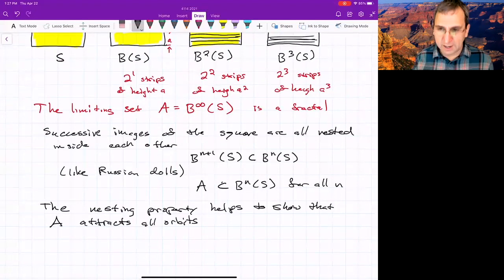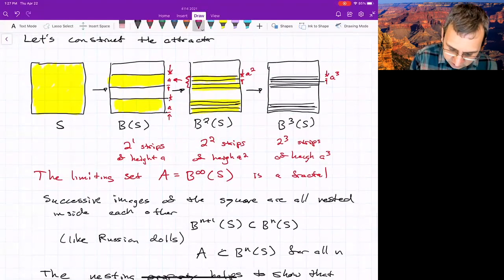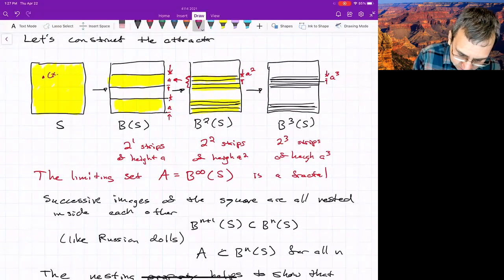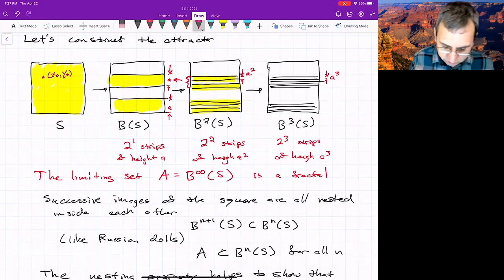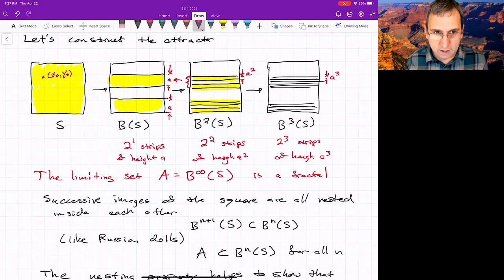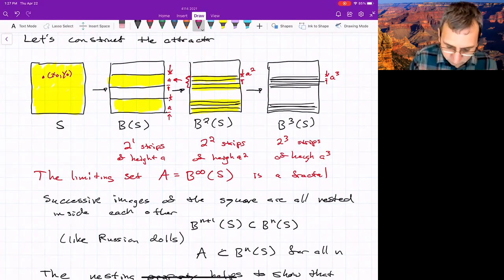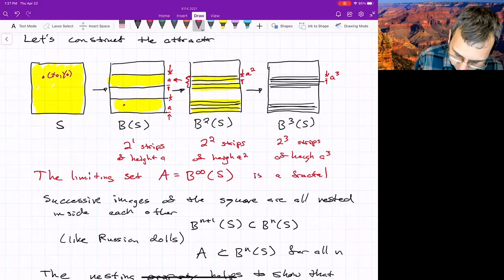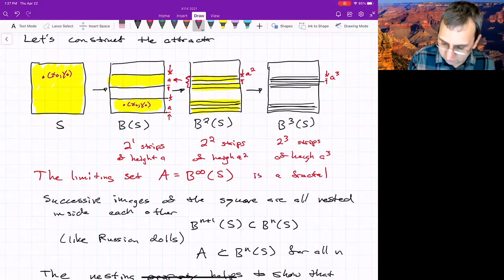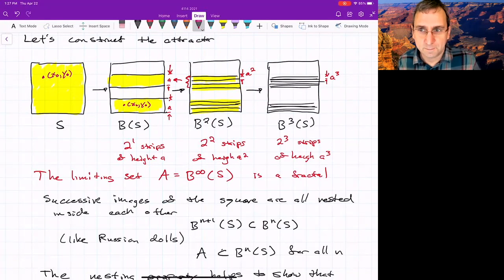It's also an attractor because any initial condition is going to have to be somewhere in the original square. And then it's going to move around. Right, I think this would go now down here. And then I forget what happens to it. You could keep track of it, but it will be in that limiting set as n goes to infinity.